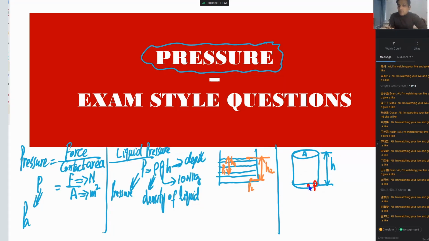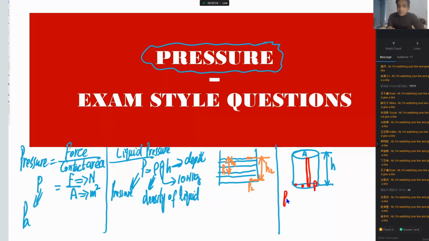To find the value of P at this point, you can consider this column of liquid, or you can consider the whole cylinder, because the value of P at any point will be the same. So we consider the whole cylinder.